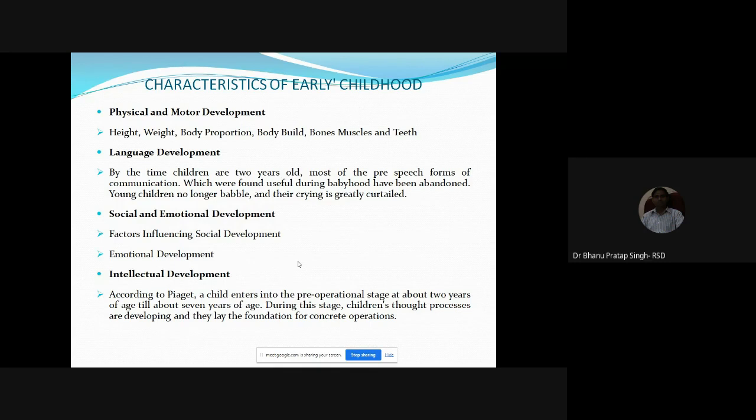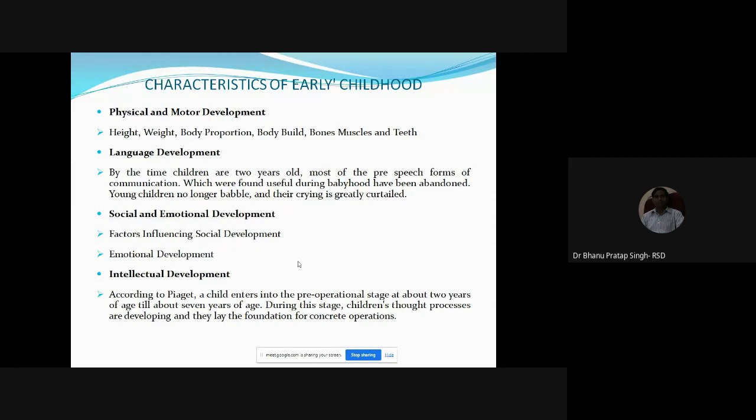So physical and motor development: we have learned height, weight, body proportion, body build, bones, and teeth. We have discussed language development, even the word limit, at what particular age what word limit is expected, and at what age the learner should start making sentences.